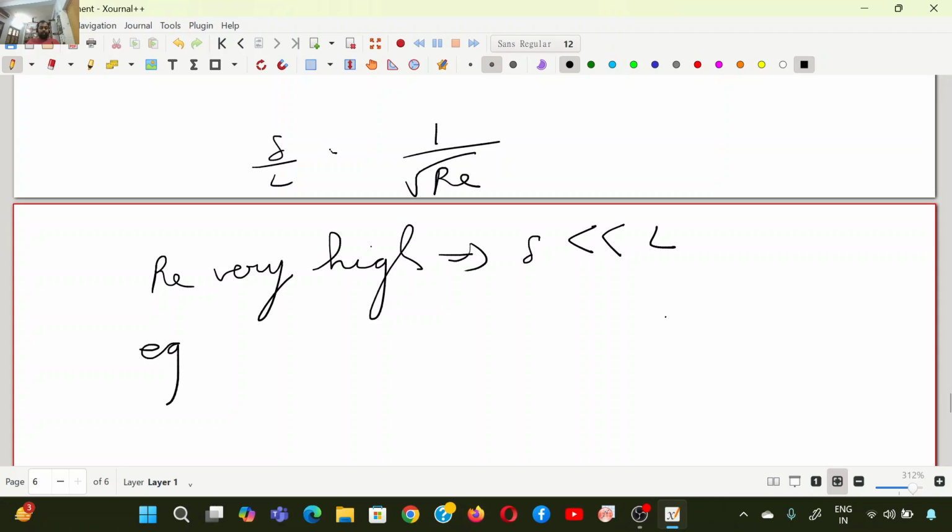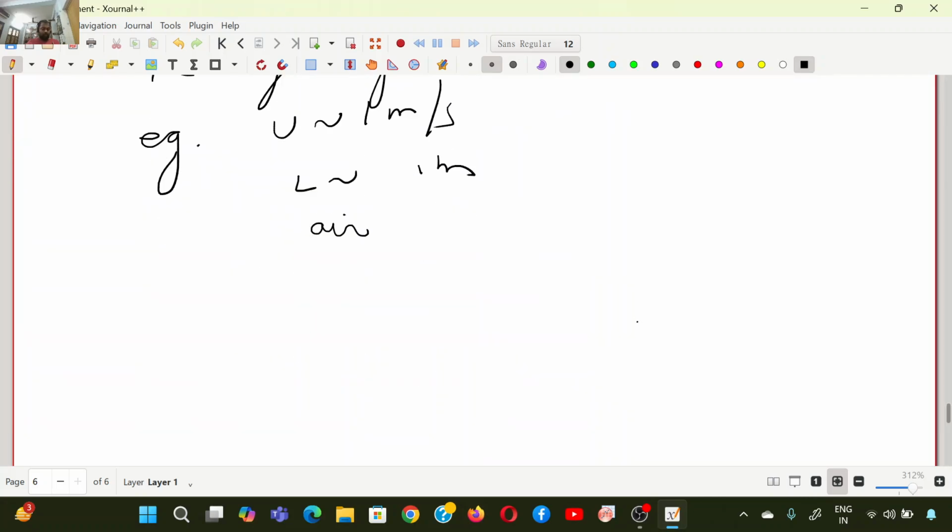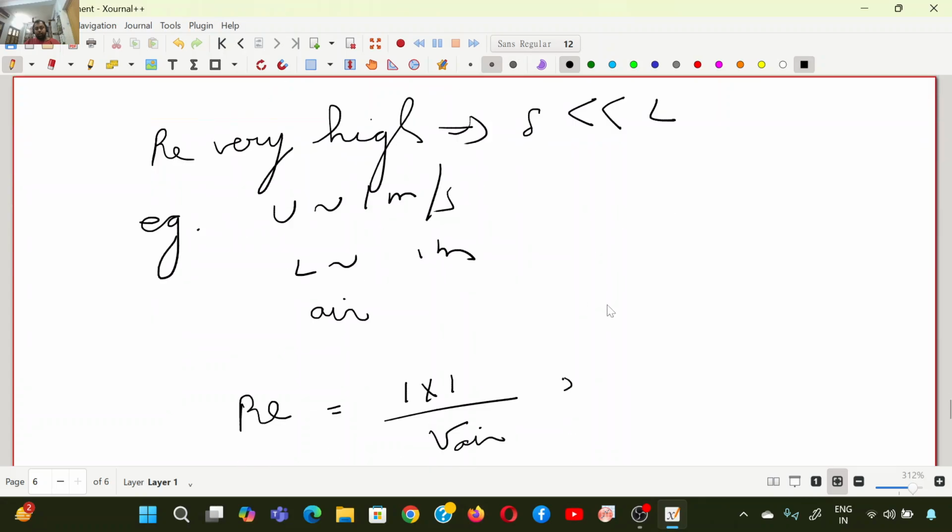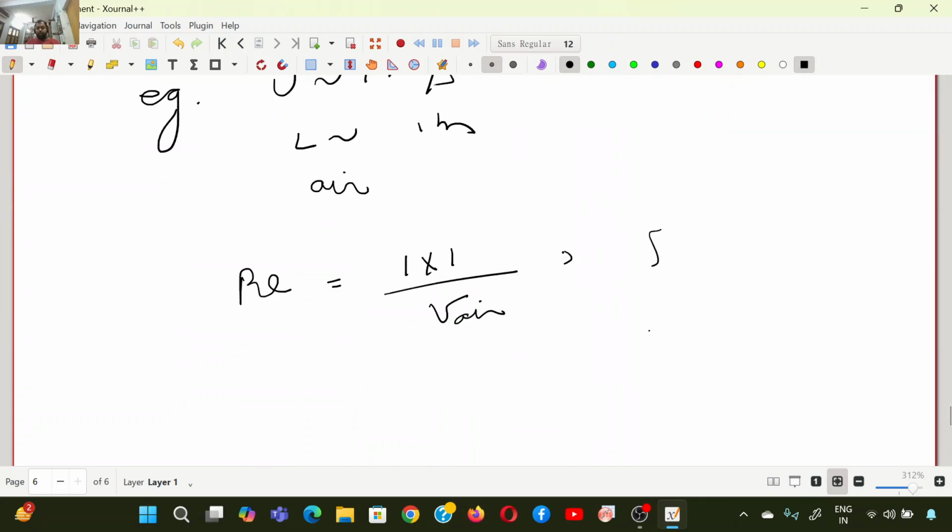If you take an example where U is 1 meter per second, length scale is 1 meter, and the fluid medium is air, the Reynolds number will go as 1 into 1 by nu of air. Now, delta will go as the square root of the kinematic viscosity.